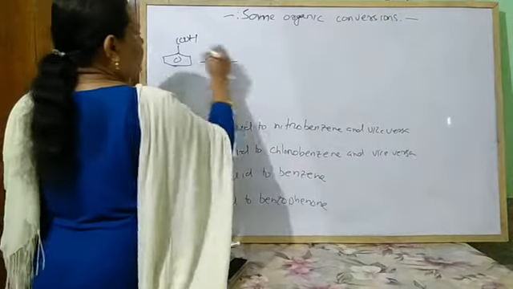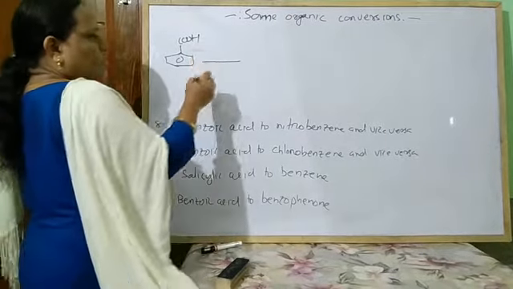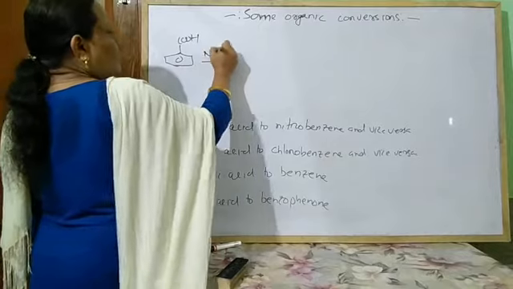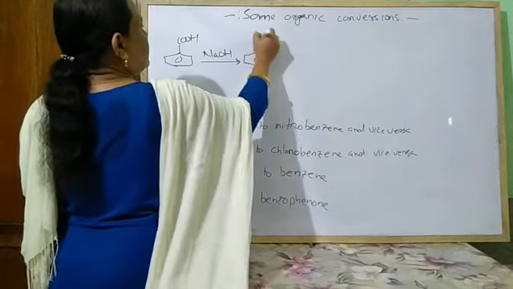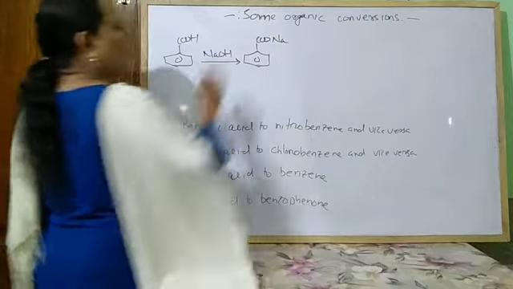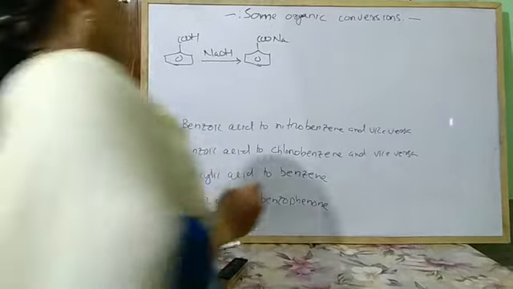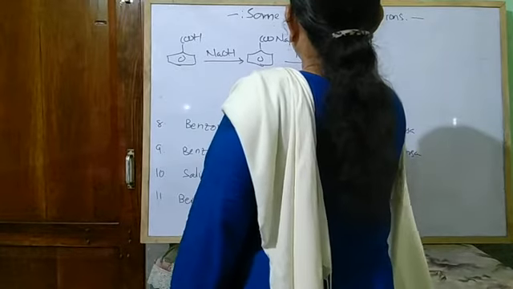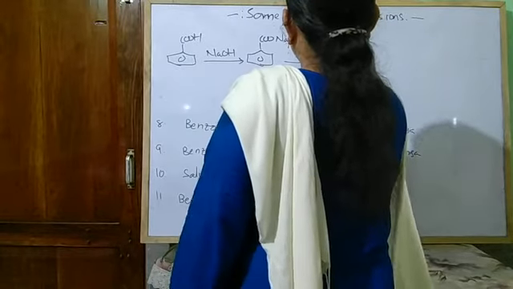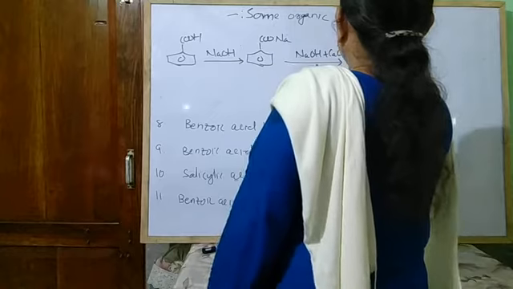So here I am using the decarboxylation method. First sodium hydroxide, it forms sodium benzoate, and sodium benzoate is heated with soda lime. What does it give you?